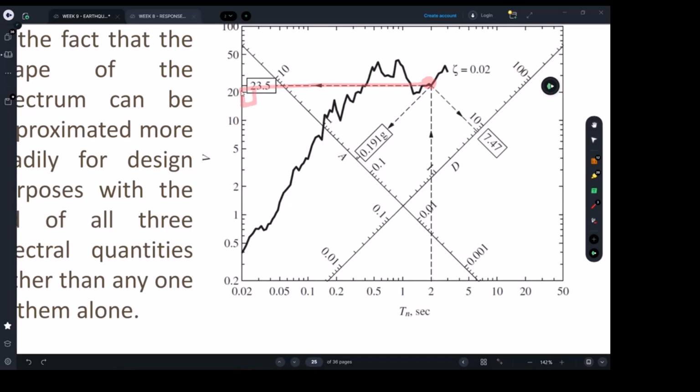23.5. If you want the displacement, you take it all the way like that until it hits it. It will be perpendicular. Remember, we have always the perpendicular angle here.